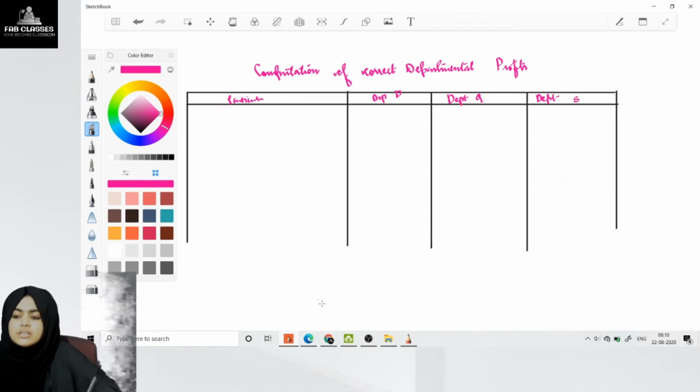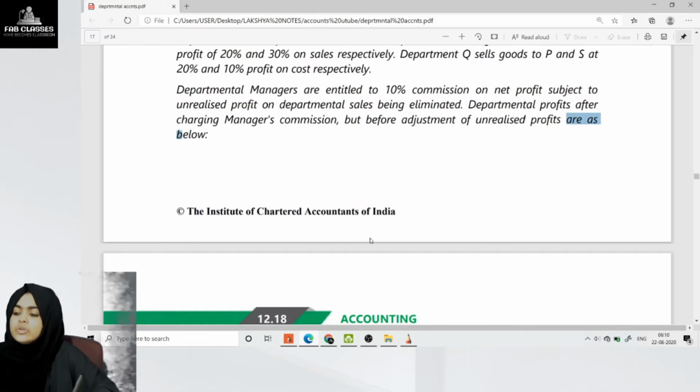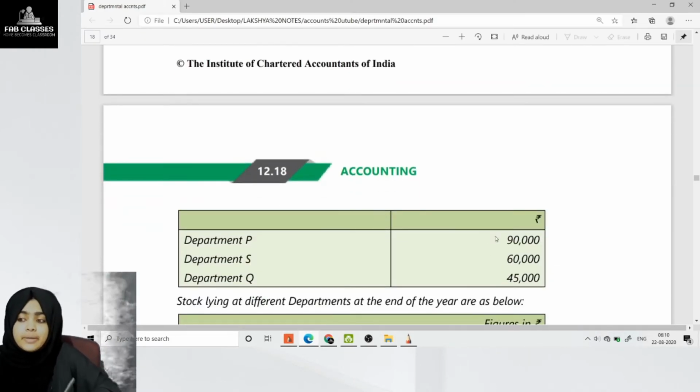Okay. So in this question, we know the incorrect departmental profits have been given. Incorrect in the sense that they have directly charged the 10% manager's commission. We know it shouldn't be like that. First we had to subtract the unrealized profit, but here they charged the 10% commission directly. So this value is incorrect.